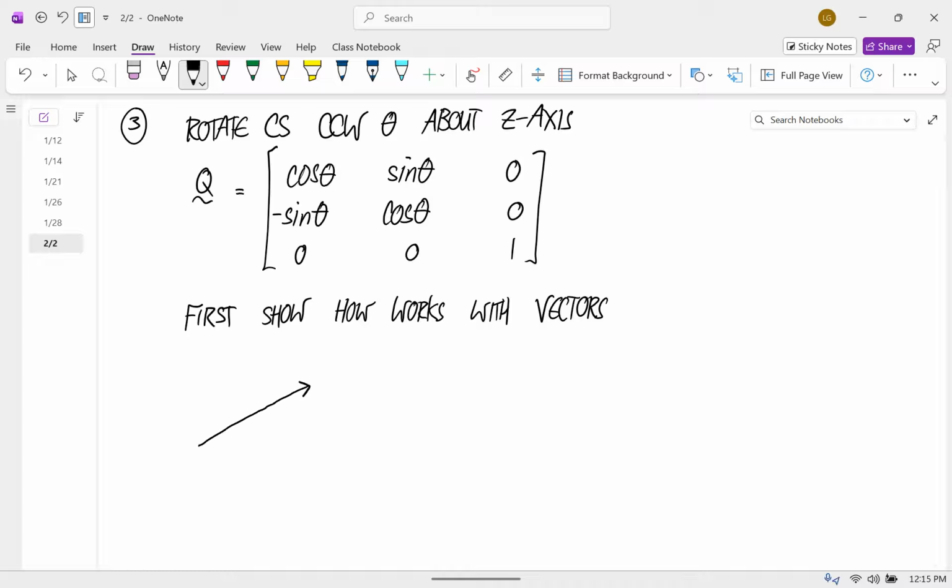Let's say we have a vector with a magnitude of 10, and we're going to start with a coordinate system like this. And let's say that the angle with the horizontal is 40 degrees. You can see that that 10 just points straight along the positive x-axis. So in this coordinate system, that vector is 10, 0.